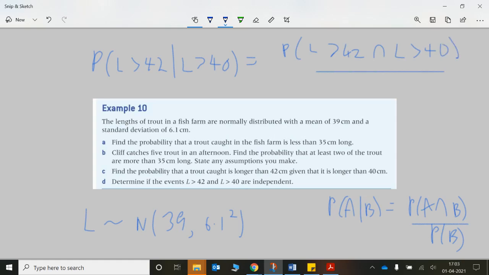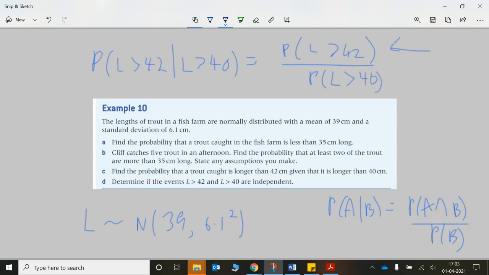Now, the intersection of those two things is just the length is greater than 42. So the overlap there is just when the length is greater than 42. So we actually don't need to worry about that second part. We can just say that the probability that L is greater than 42 divided by the probability that L is greater than 40.